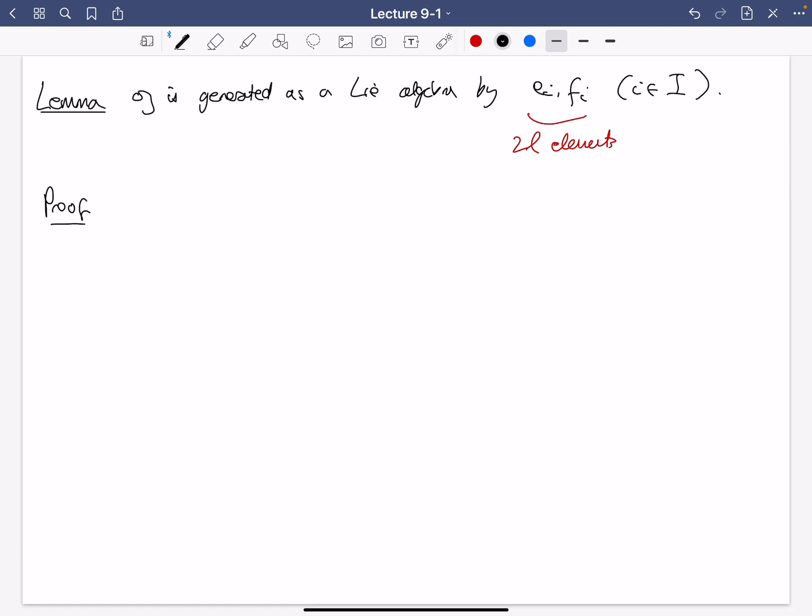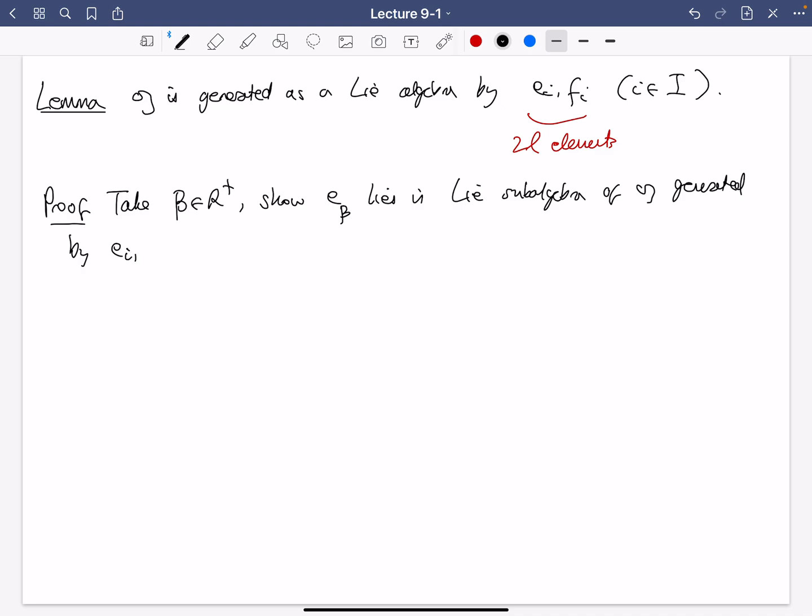So what I'm going to do is I'm going to take a positive root, and I'm going to show that E beta lies in the Lie subalgebra of G generated by the EIs.